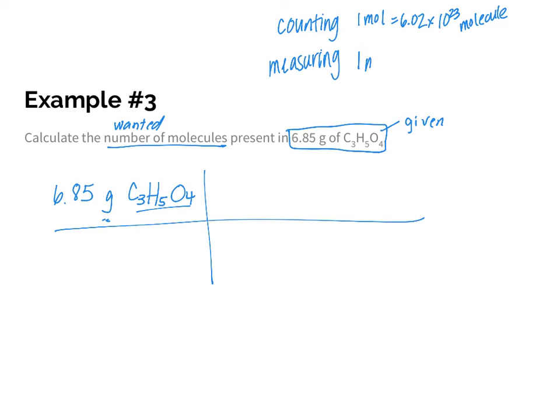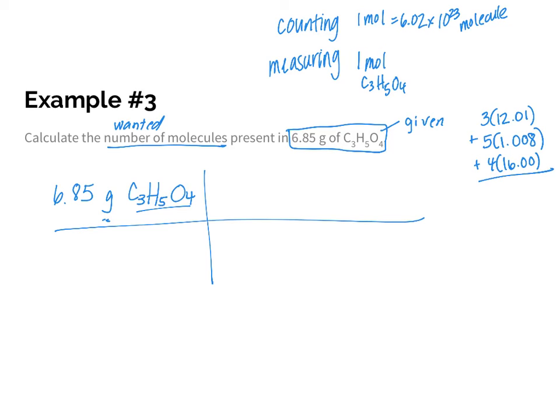So I know that 1 mole of C3H5O4, if I add all those atoms up, I have 3 times 12.01, added to 5 times 1.008, and then added to 4 times 16.00.